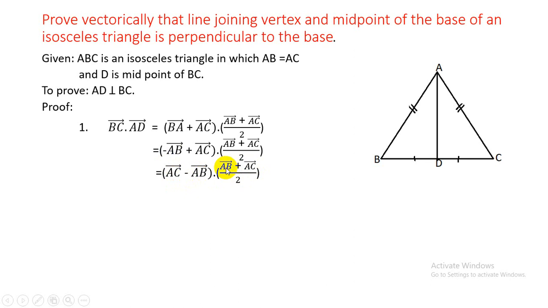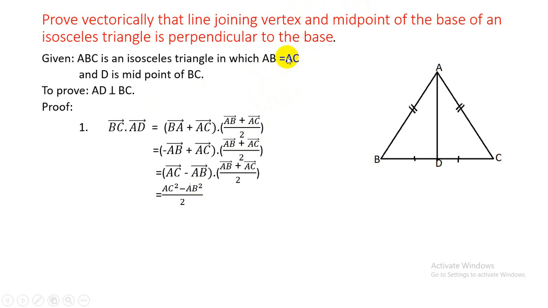See this AC minus AB, and then AC plus AB. It is the formula of a square minus b square. Then we can say that this is AC square minus AB square. But see here, AC and AB are equal, because it is an isosceles triangle and two sides will be equal.